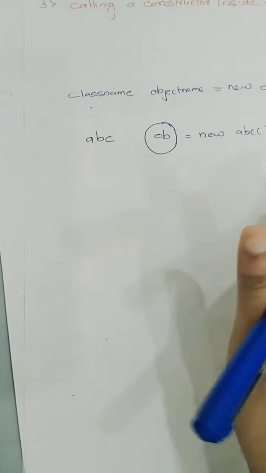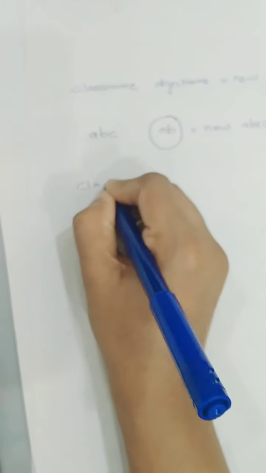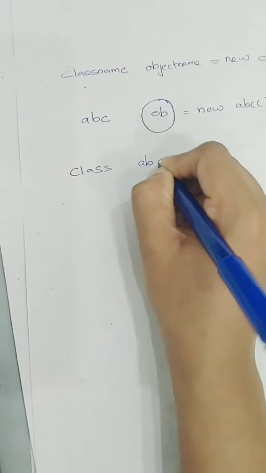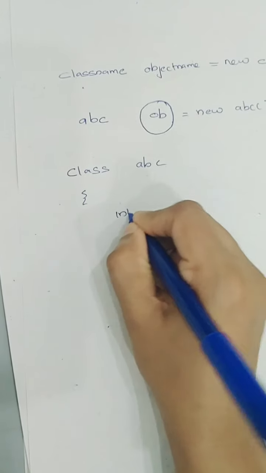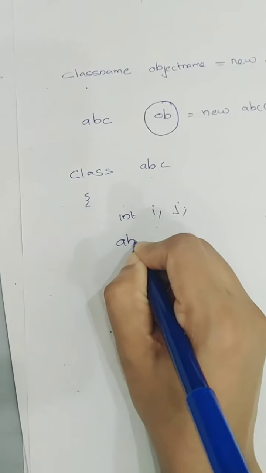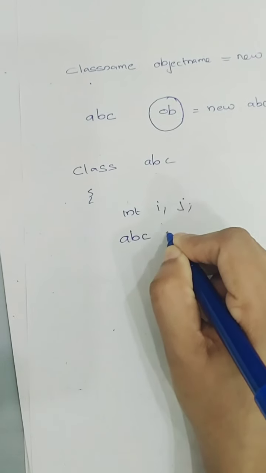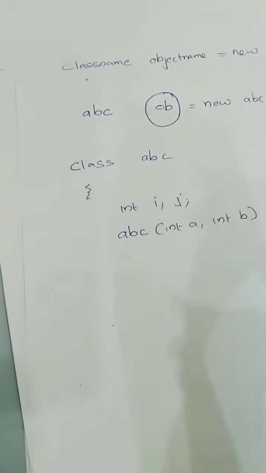Now we'll see how. I am going to write a program: class ABC, and in that I am declaring two variables i and j, and I have a constructor ABC with int a, int b.